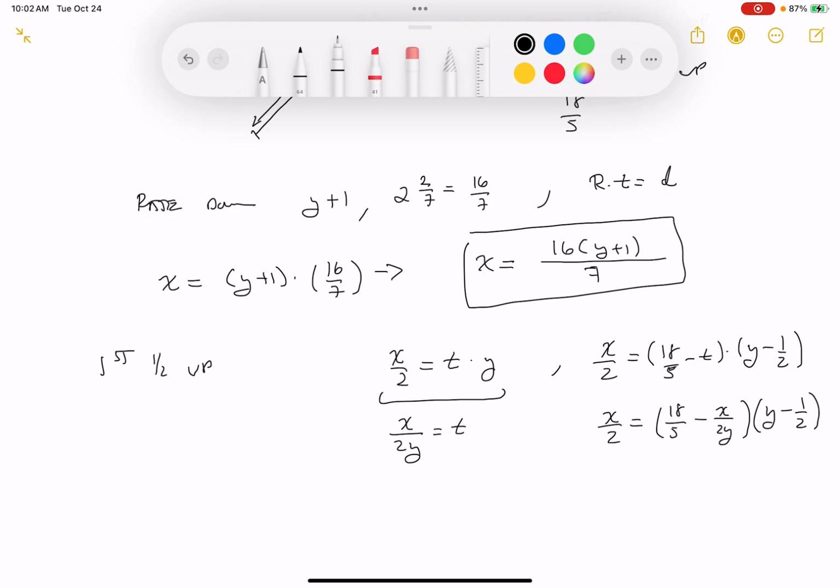All right. Let me make sure I did that right, by the way. I know t is x over 2y, and I've got another relationship between x and y. So this is good to know, and this is good to know. All right? So then what do you do?